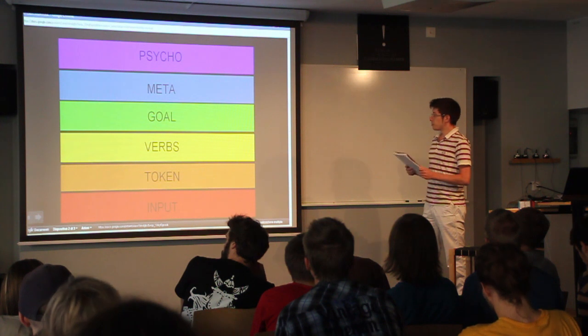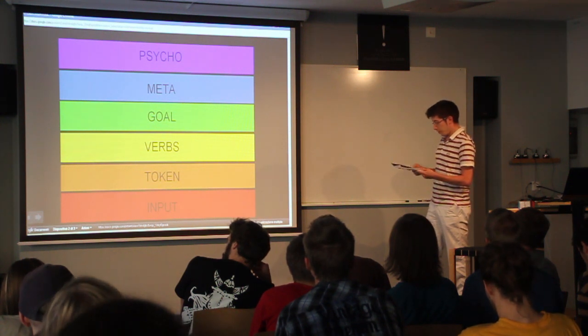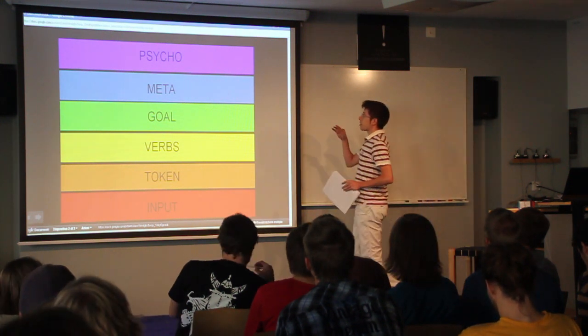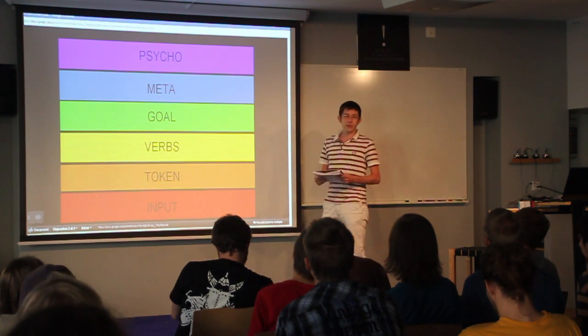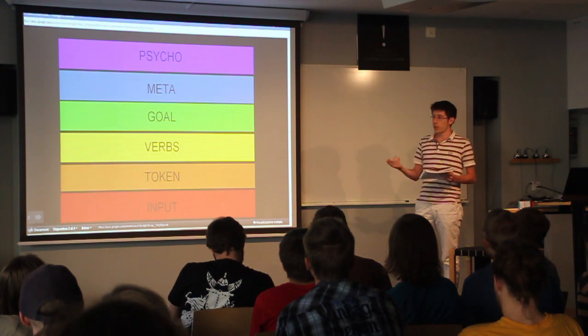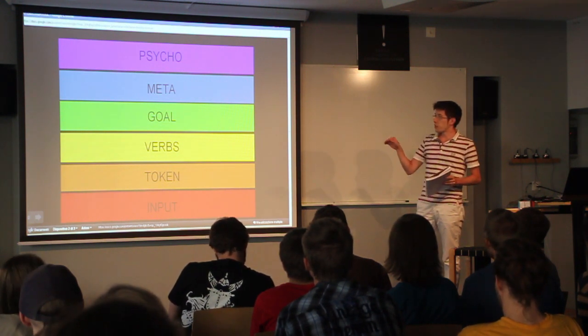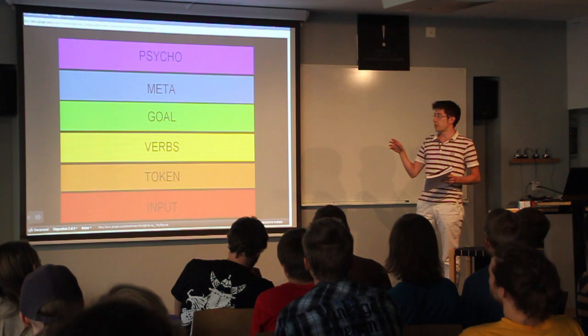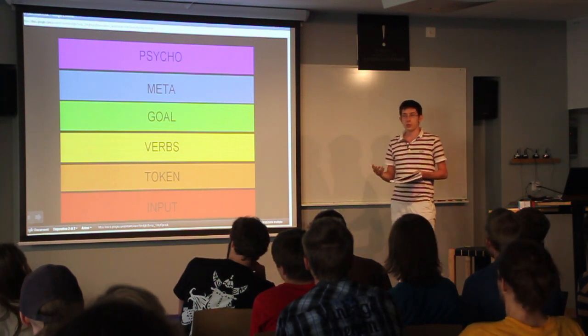Then, meta. Meta is something difficult to define. It defines the elements that are outside the cycle of the game, that are put in the game just as an external way to use them.